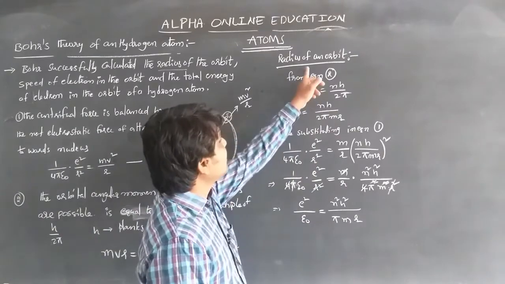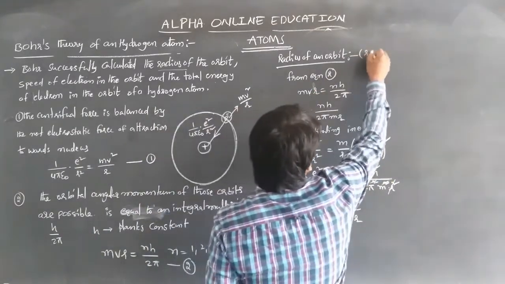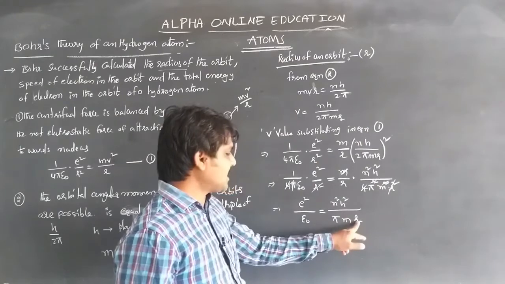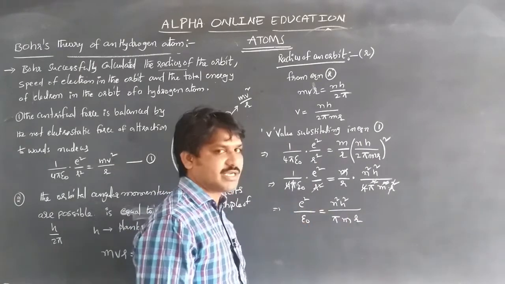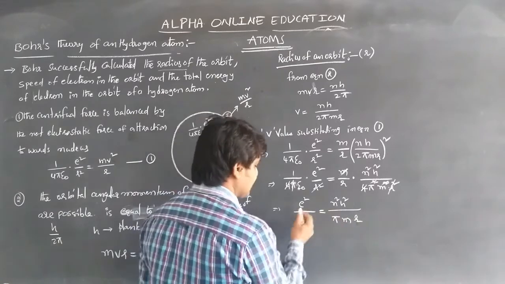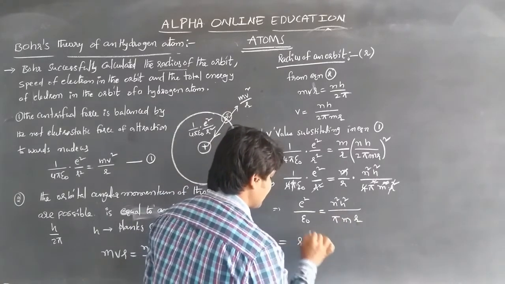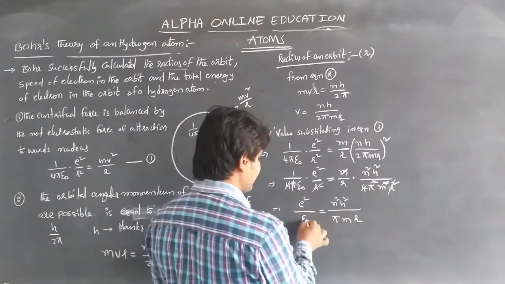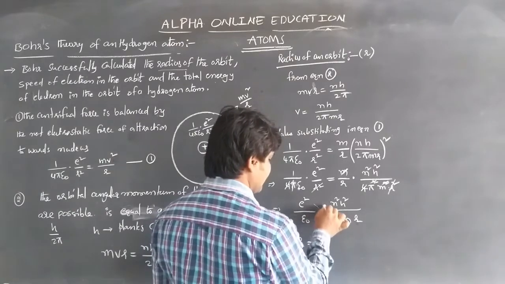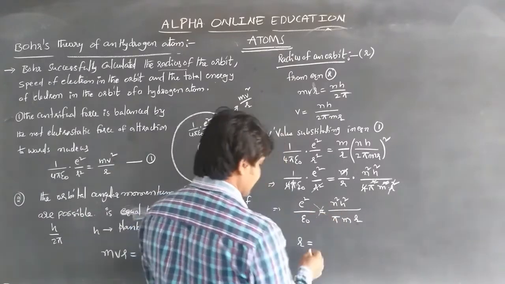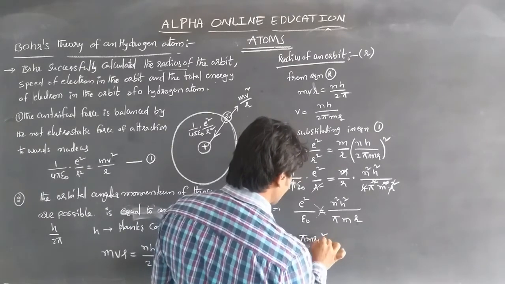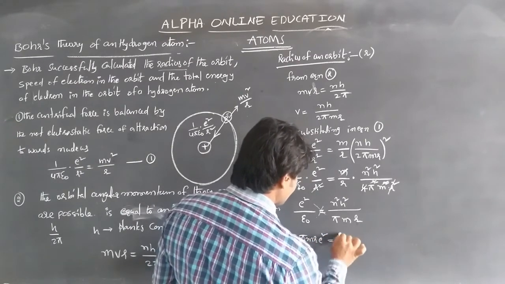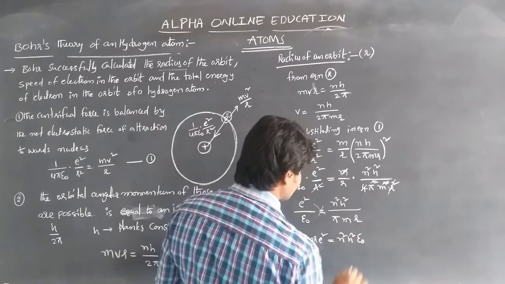So we need the radius of an orbit, that is, we should find out what r is. Here is the r; we take r on this side and the remaining terms on the other side. By cross multiplying, we get pi m r e square is equal to n square h square epsilon naught.